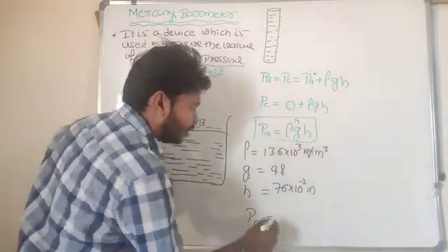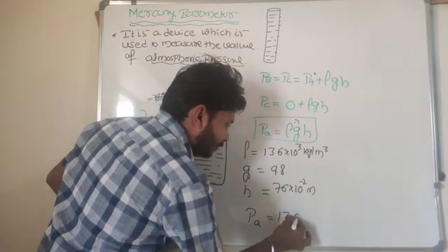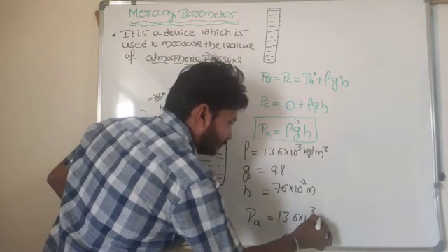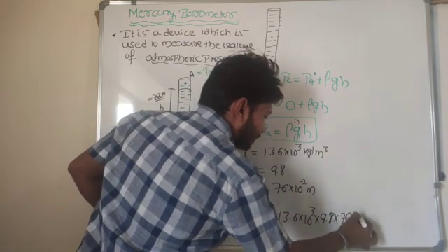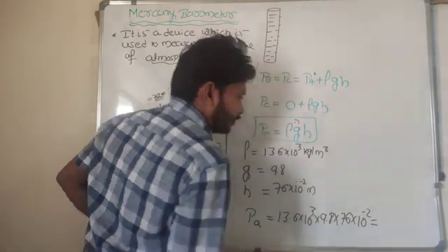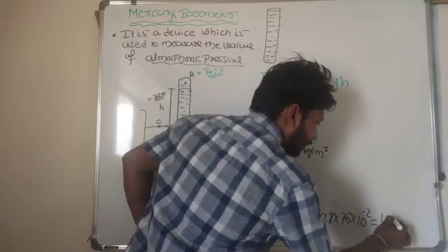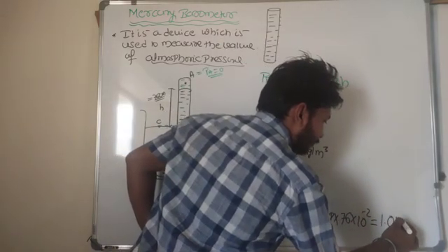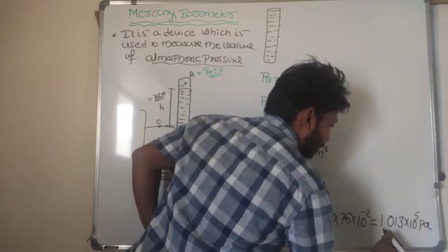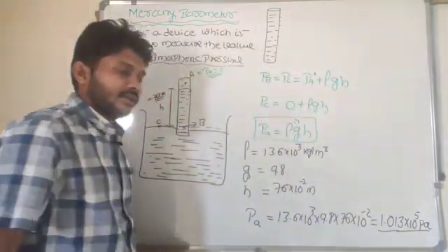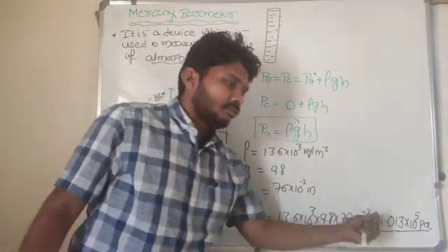P of A is nothing but atmospheric pressure: 13.6 into 10 to the power of 3 into 9.8 into 76 into 10 to the power of minus 2. After calculating you will get 1.013 into 10 to the power of 5 Pascal. Pressure we measure in terms of Pascal. This is the value of atmospheric pressure.